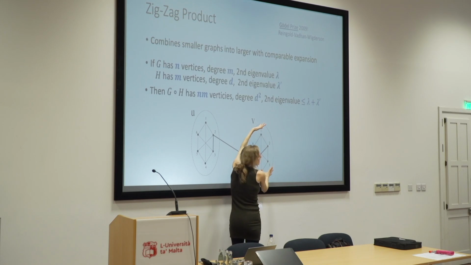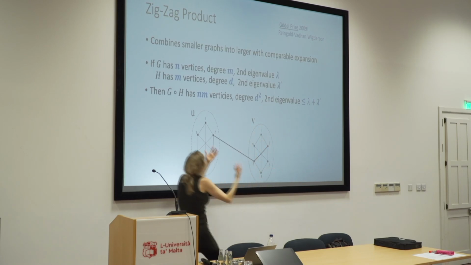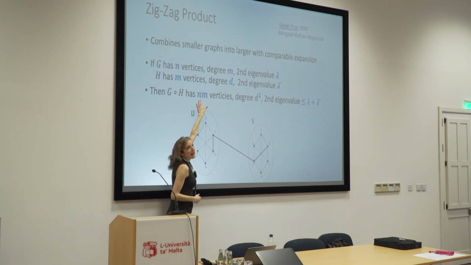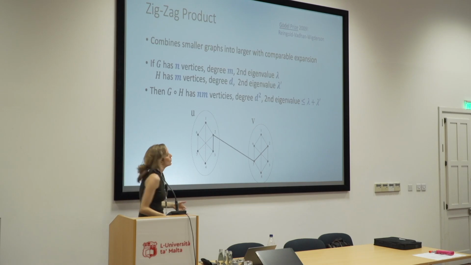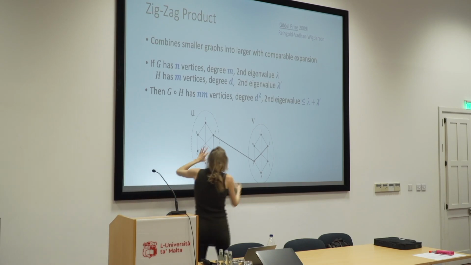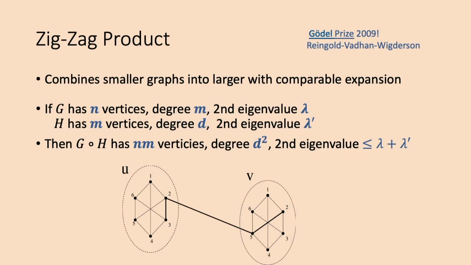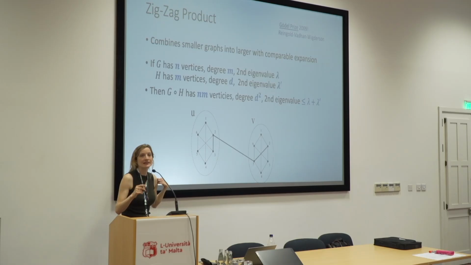Each one I'm expanding out and putting a copy of the second graph. So why does this give me n times m vertices? For each vertex of the original, I'm now expanding it out to the number of vertices of the second graph. So this is where the product is coming from. Any questions so far?